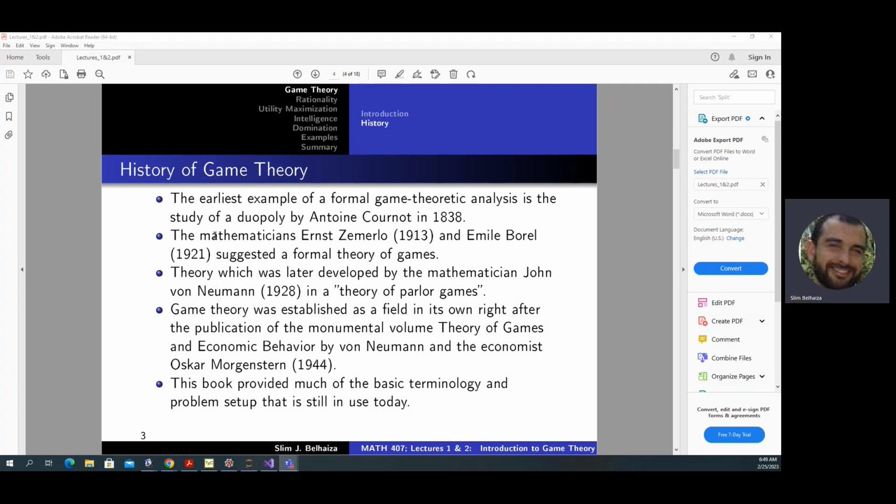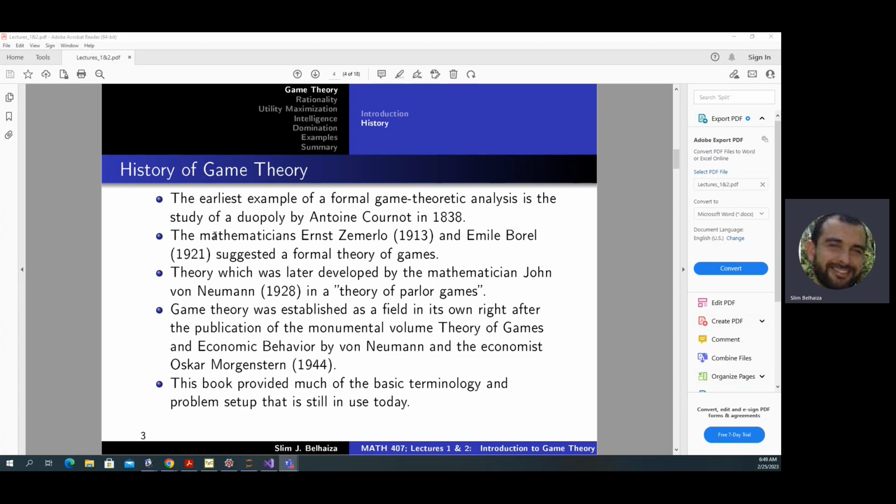So a little bit of history about game theory. The earliest example of a formal game theoretic analysis is the study of duopoly by Antoine Cournot in 1838. And later on, the mathematicians Ernst Zermelo in 1913 and Emile Borel in 1921 suggested the formal theory of games.